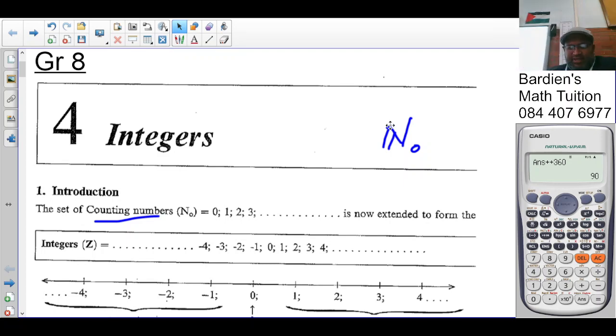So counting numbers is from 0, 1, 2, 3, dots. What does that dots mean? Goes on forever, no? It goes to infinity. And what is the mathematical notation for infinity? Upside down 8, no? That sign is infinity.